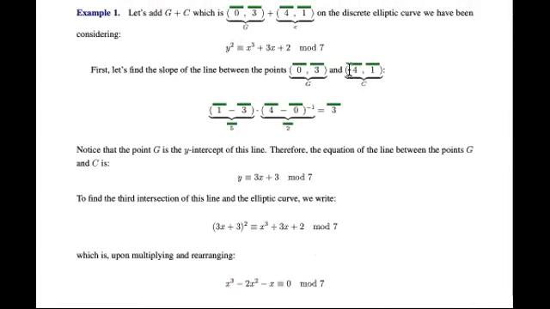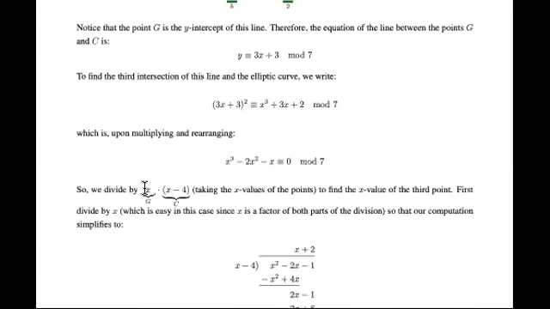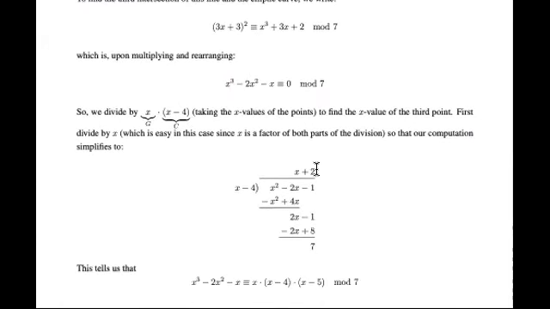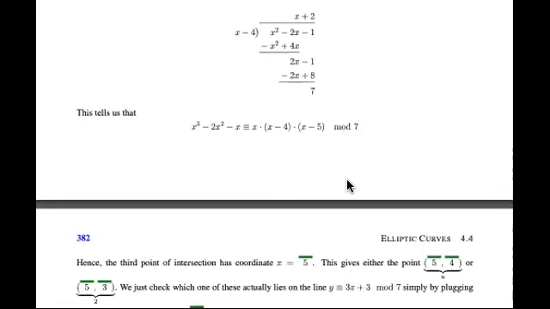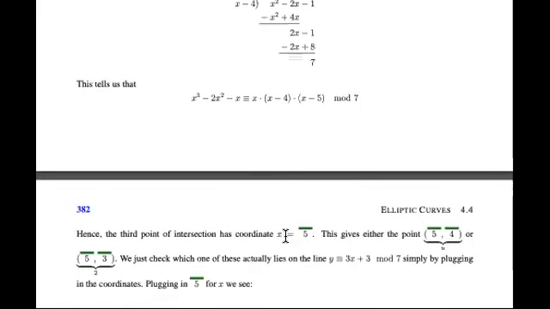If we divide that into here, look at the quotient. Notice the remainder 7 is 0 mod 7. That's what we wanted, because working mod 7 is important to remember. So we get x plus 2, which means that the third intersection point happens at x equals negative 2, which is congruent to 5, or x is equal to 5 bar.